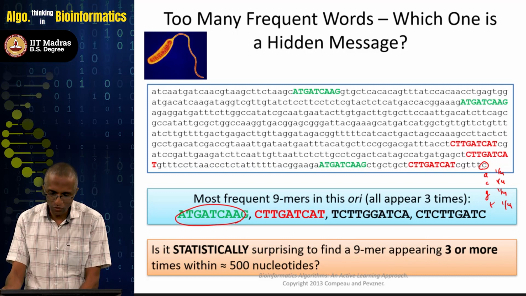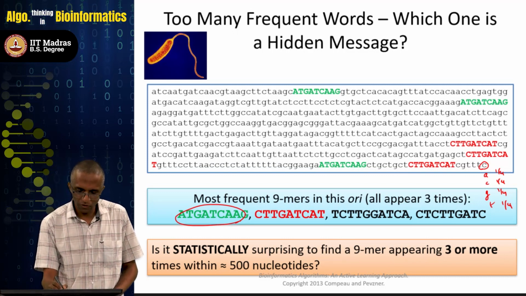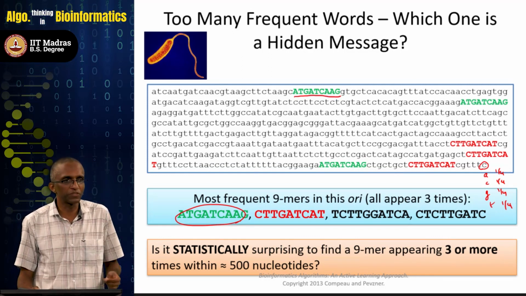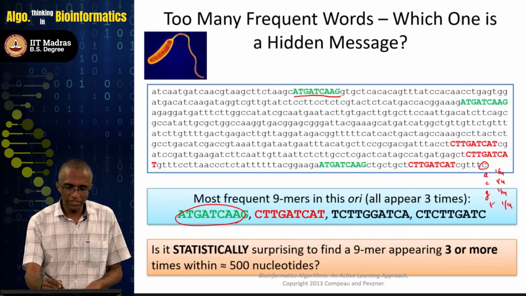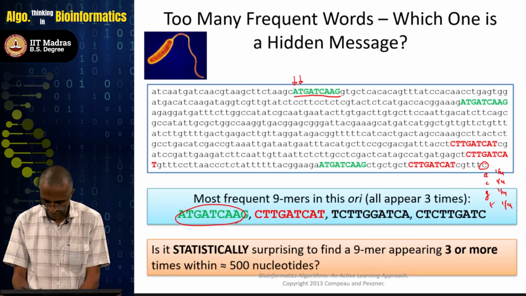So, for something like A T G A T C A A G, for all of this to miraculously happen, even if there is no true hidden message, for them to just spuriously match a random string, the first position is going to be A with 1 over 4 probability, the second is going to be T with 1 over 4 probability, and so on. So it will be 1 over 4 multiplied by itself k times.